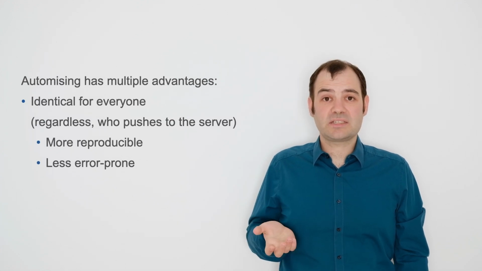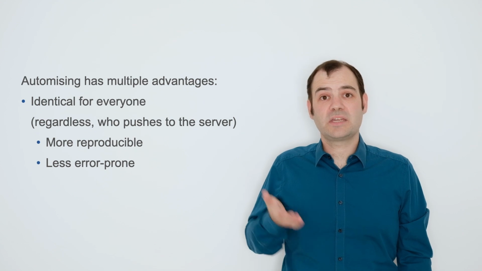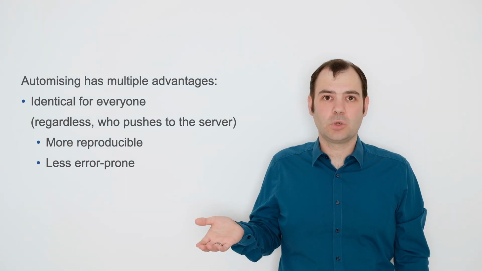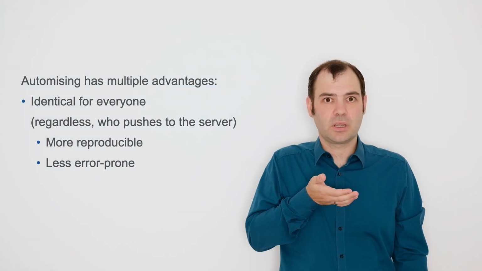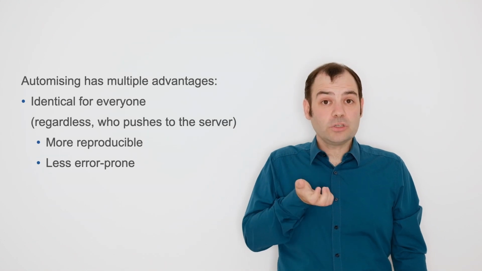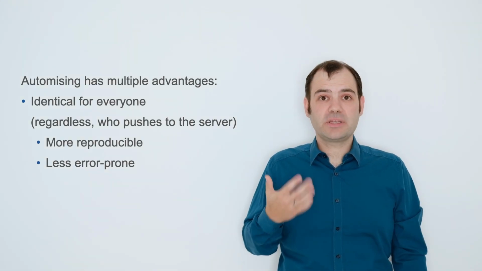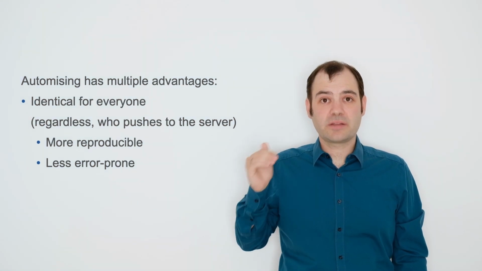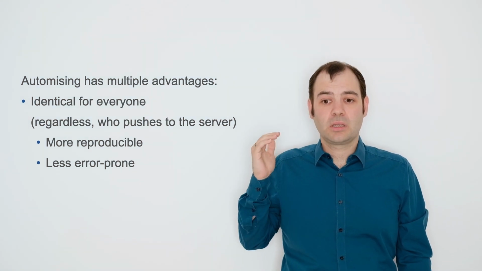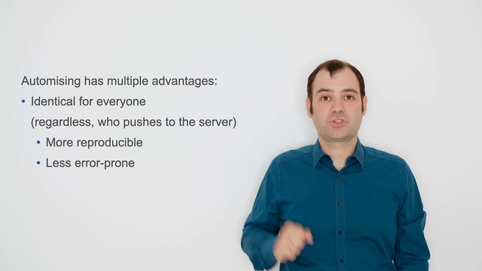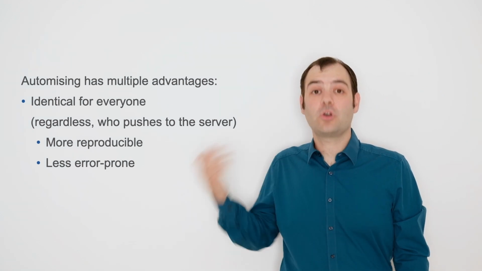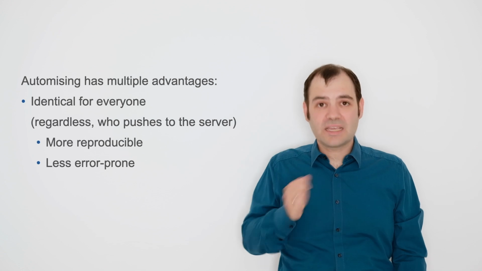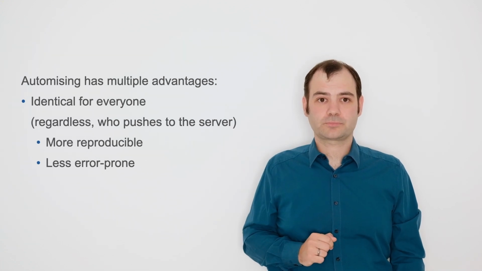When you do this for testing, the downside is that your results are not comparable anymore because you tested something different. When you automate these tests, the advantage is that they run this very same every time you push to the server. And every time your colleague pushes to the server, the same tests run also.